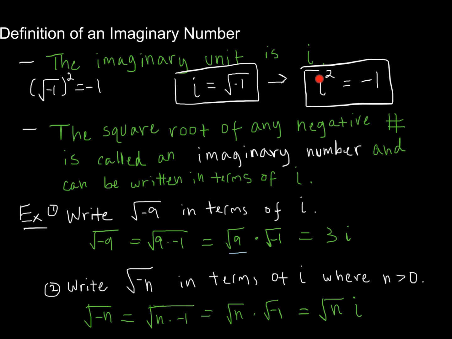But it's also equally accurate to say that i squared is equal to negative 1. It means the exact same thing, just with a little algebraic manipulation. So what we're going to do now is further define what a complex number is by combining the idea of an imaginary number and a real number.